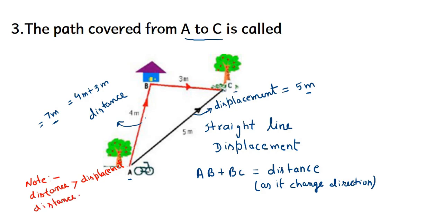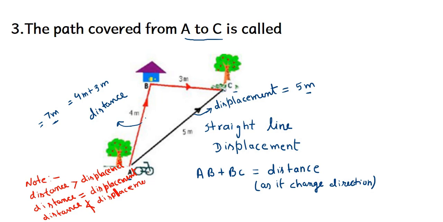It may happen that the distance of an object and the displacement of an object both have an equal magnitude. When will it happen? When the object does not change its direction, so distance and displacement are both equal in magnitude. But it will never happen that the distance traveled by the object is less than the magnitude of displacement, because displacement is the shortest length of path.